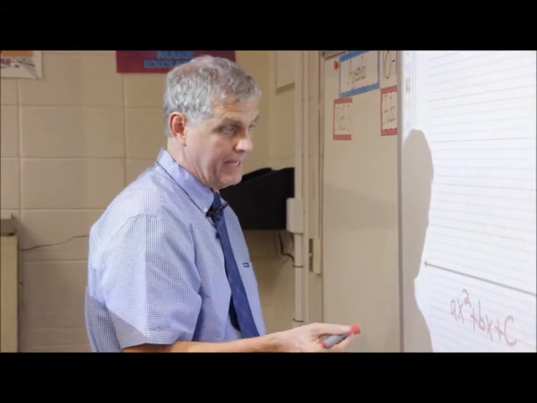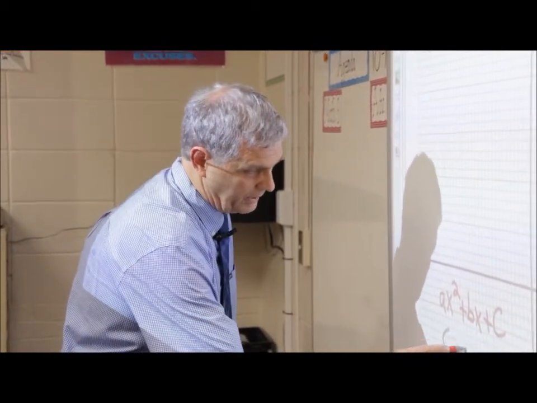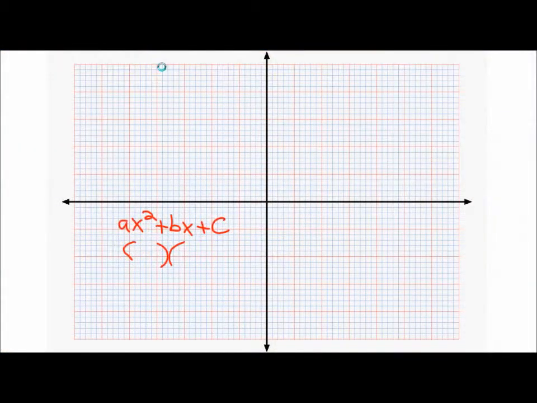And I factored that before when I was doing quadratic equations. It was the product of two binomials. Let's say maybe it was x plus 5 and x plus 5. That may have been what the equation was. And if we had gone ahead and multiplied that out using FOIL, it would have been x squared plus 10x plus 25.